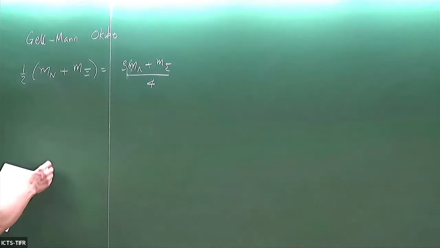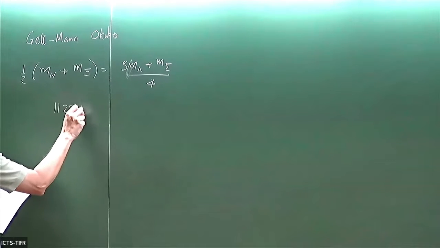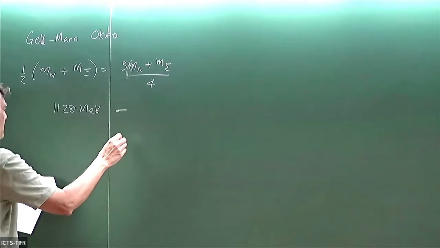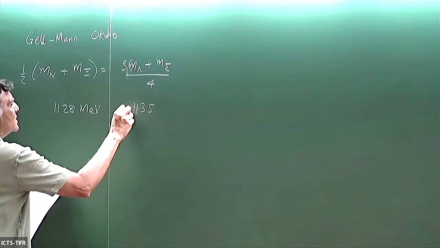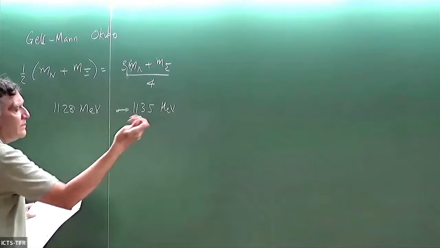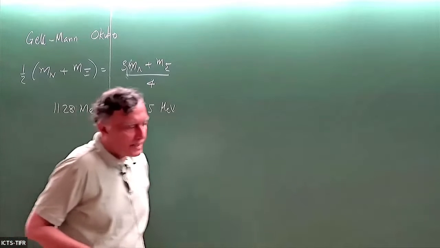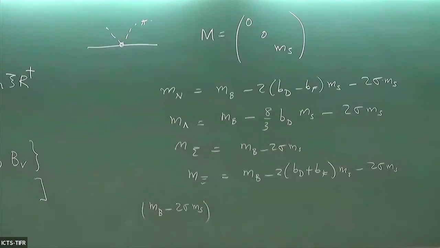And experimentally, this is like 128 MeV versus 135 MeV, which is pretty good for just a relation to first order in SU(3) breaking. And you can go to higher orders, and Elizabeth, by combining this with the 1/N expansion, was able to get certain combinations of masses involving the octet baryons and the decuplet baryons, which work to fractions of an MeV.